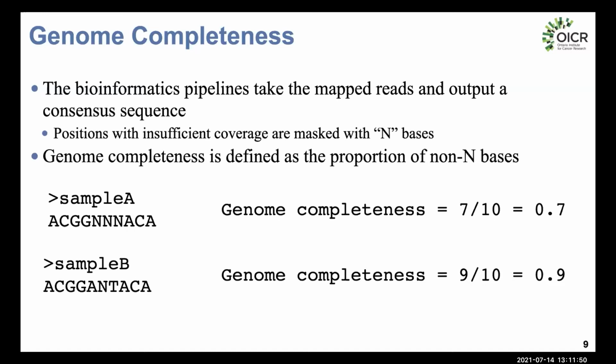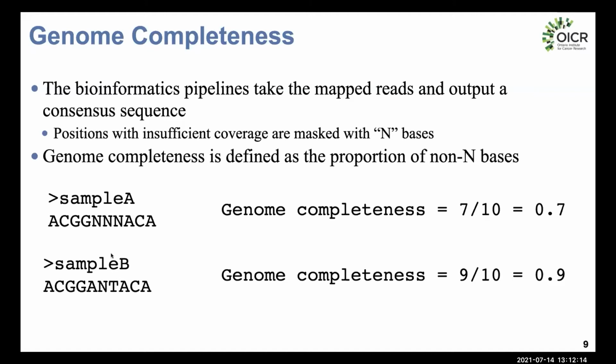Ns are IUPAC ambiguity code, which indicate that there's no information about what the true base is. So it could be any of the four possibilities, A, C, G, or T. So we define genome completeness as the proportion of non-N bases in the genome sequence.